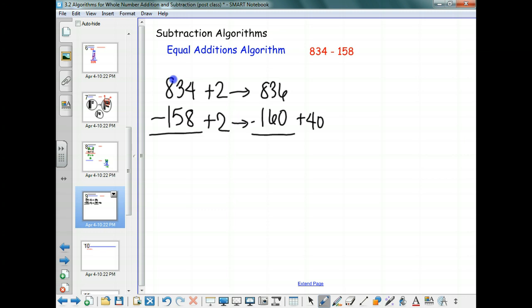But if I add 40 to the bottom number, I've got to add it to the top. So 836 plus 40 is 876, and 160 plus 40 is 200, because that's my goal. And then I can subtract with no need to borrow. So what is 876 minus 200?